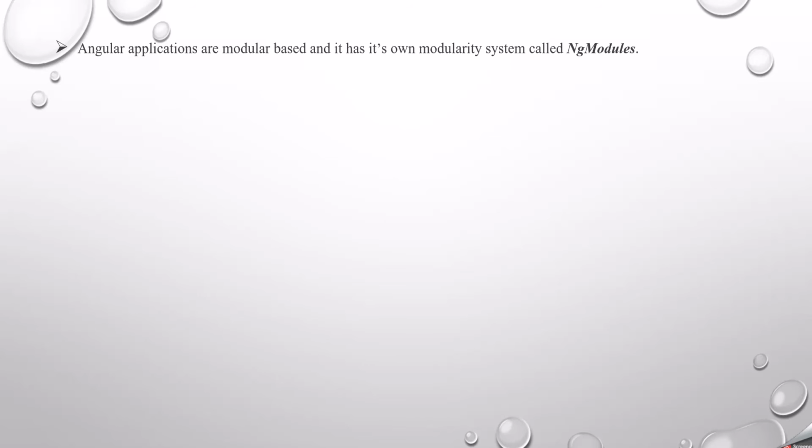Today we are going to discuss what a module is and how it is associated with an Angular application, and what the importance of having this is. Angular applications are modular, and have their own modular system called ng modules.